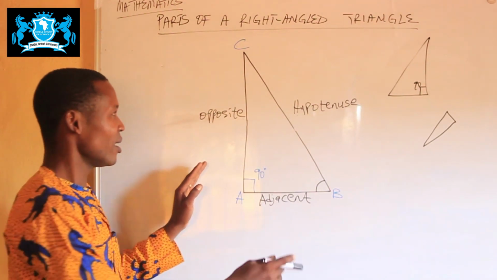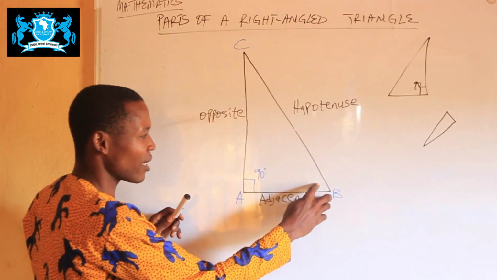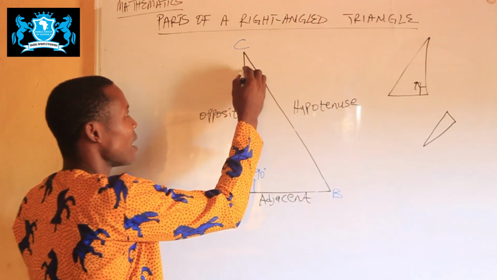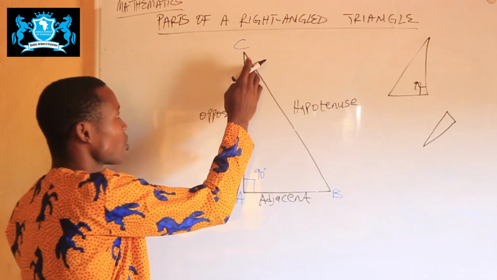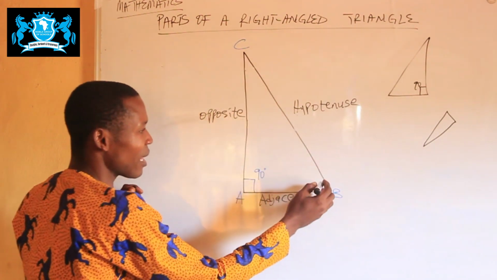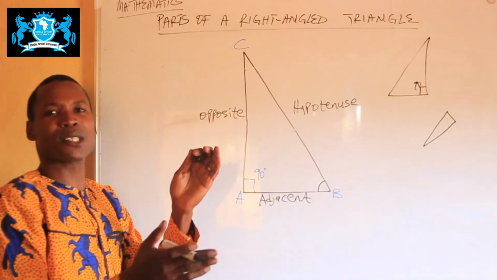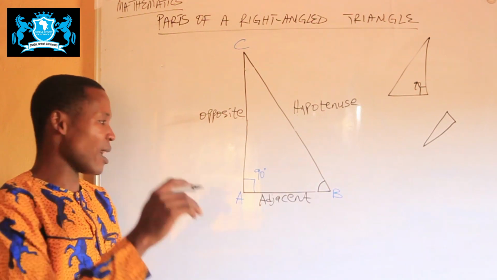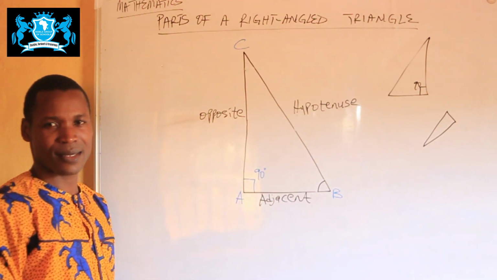But it changes. In case, assuming that the angle was not here, that the angle given was here, it means that here will be opposite. Do you follow? So, because the angle originally is here, we will call here the opposite. So the opposite fluctuates. Then the other remaining side is called adjacent.